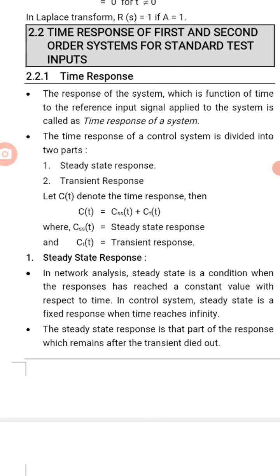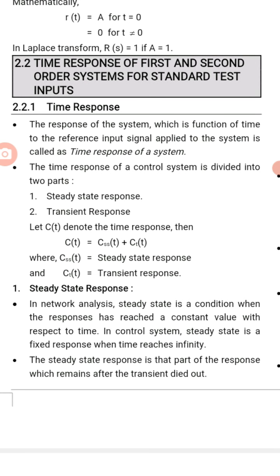Like this, the system has an input applied to it. If the input is an instantaneous input and the system gain is 10, the system output will not respond immediately. The system will take time to respond, and this is called time response.